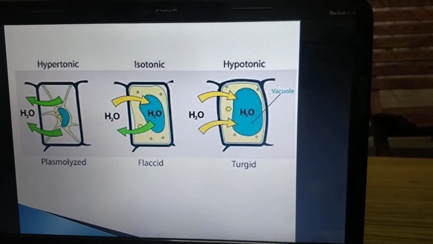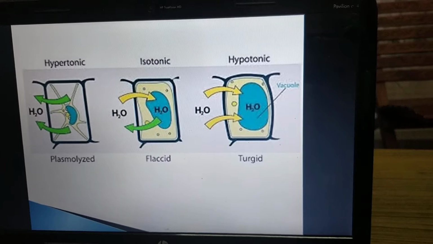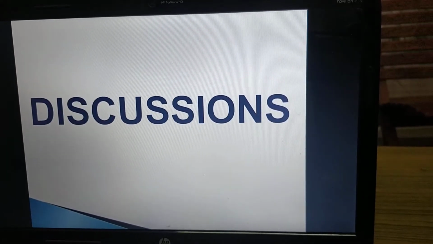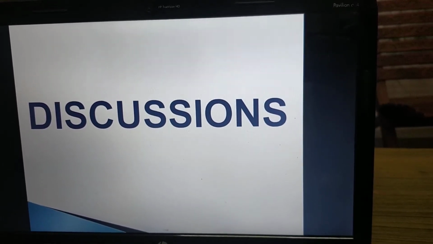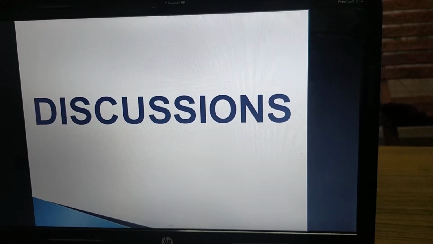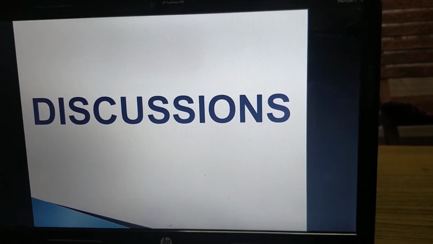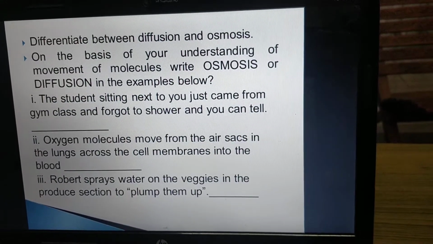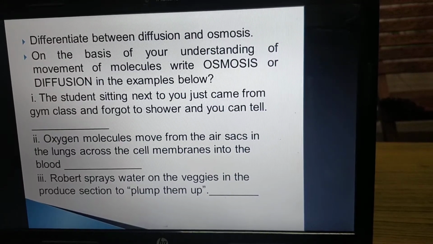So ये हमारा एक जो टॉपिक रह गया था. इसके बाद हम कुछ टेक्स्ट बुक के क्वेश्चंस डिस्कस करेंगे. You have already been given some questions. I think you must have done the difference between the prokaryotic and eukaryotic cell, diagram of plant cell, diagram of animal cell, and then differences between plant and animal cell.